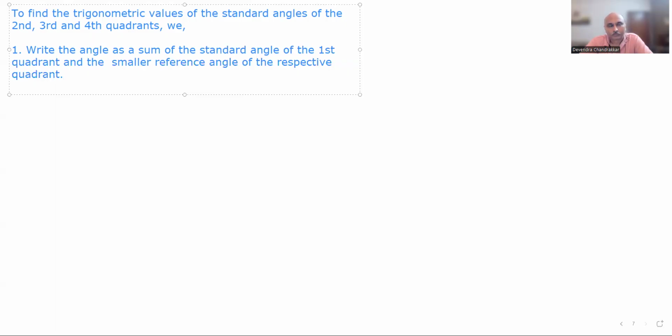So the angle is the standard angle of the second, third or fourth quadrant, right?